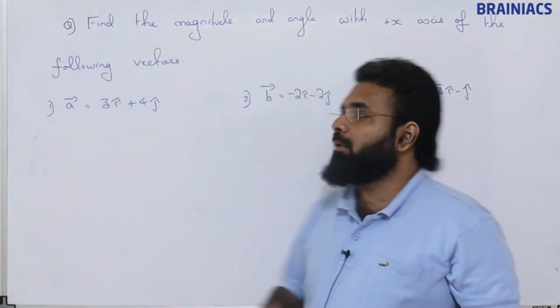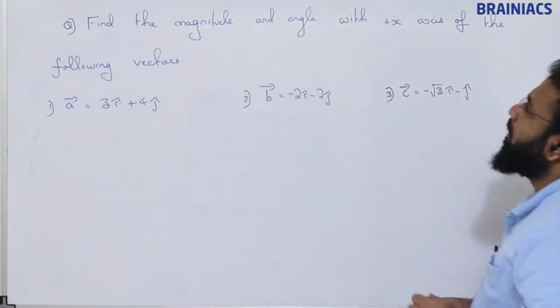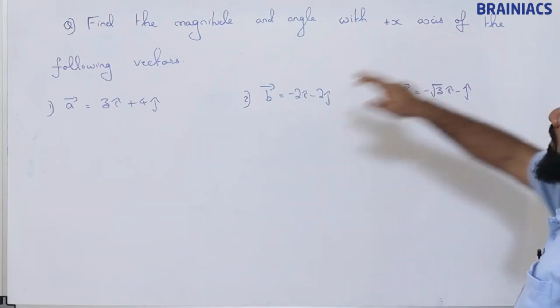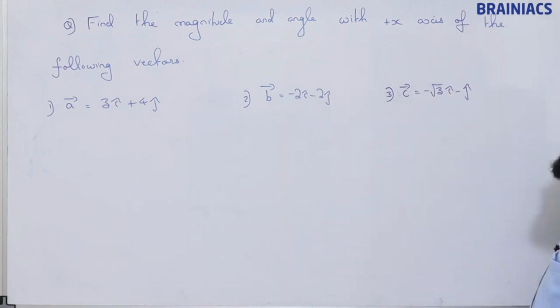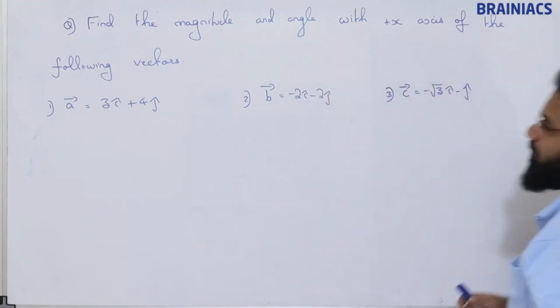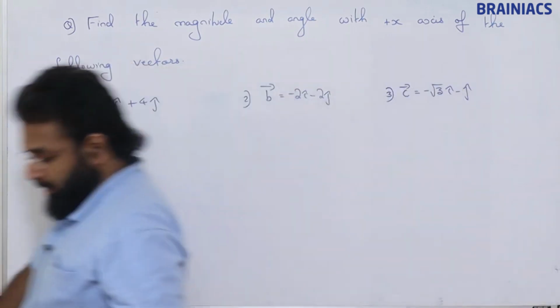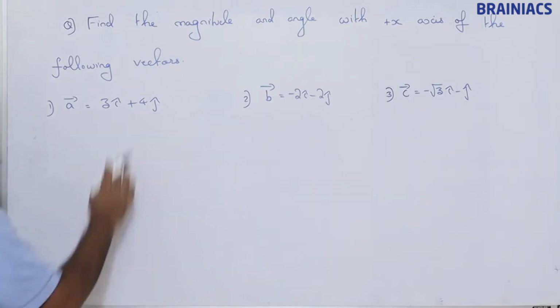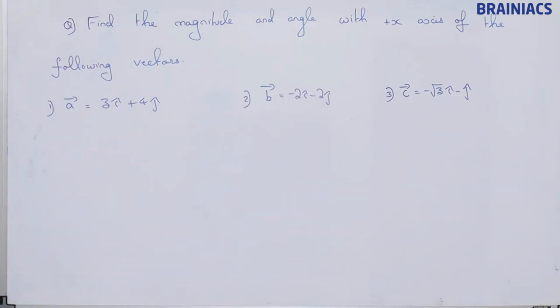See this question. Find the magnitude and angle with the positive x-axis of the following vectors. Vector A is 3i plus 4j.